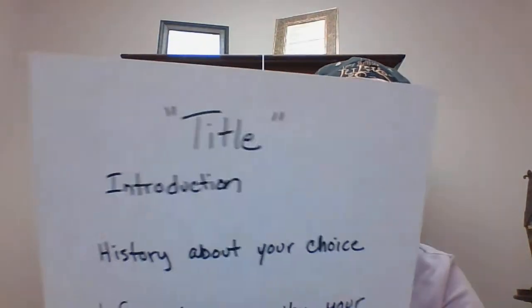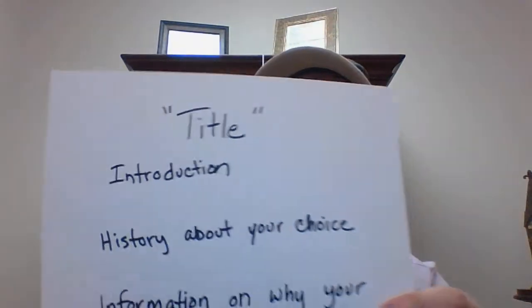Then you're going to start another paragraph, and you're going to put the history about whatever you choose. The good news is you already have that chunk of information because you just researched that for your assignment earlier in the week. So you've already got some information that you can use.